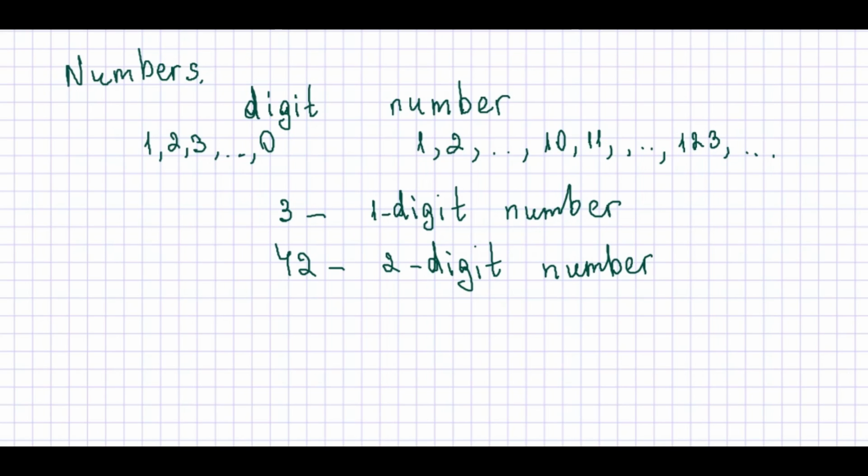But another way would be to say it is a two-digit number. If somebody asks you to write the largest five-digit number, the largest five-digit number is 99,999. Okay, it's about digits and numbers.